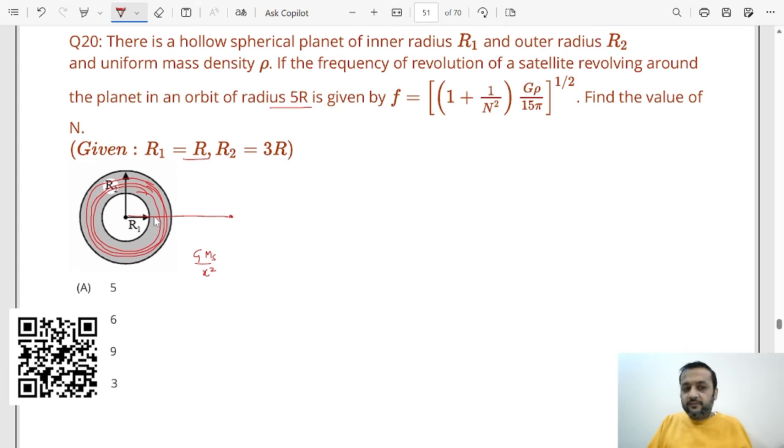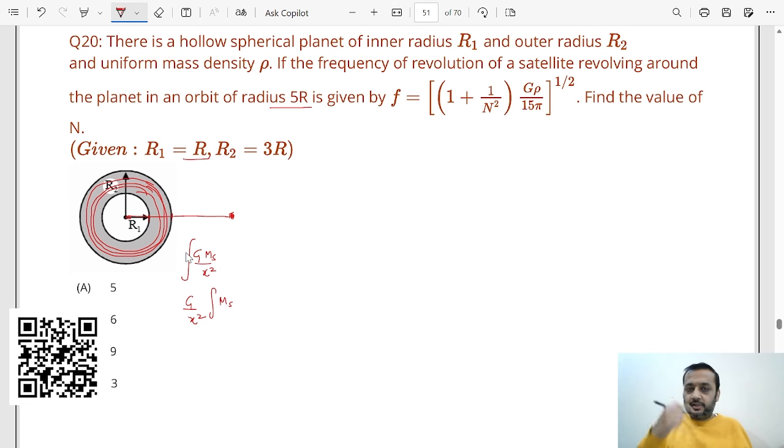So if you add up the field of all these shells starting from r1 up till the last value, basically you have to integrate this expression. When you integrate, G by x square will be constant, because x is the distance of this point from the center, which is the same for each shell, and you will get the addition of the mass of each shell, which will become the mass of the planet.